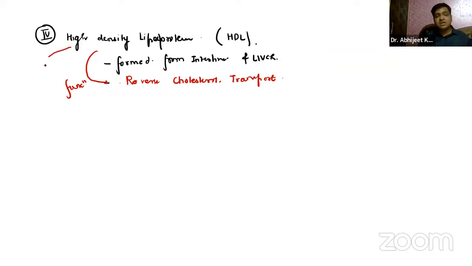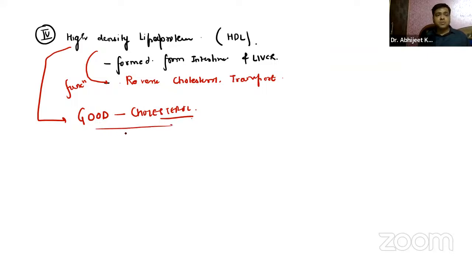So that's why this HDL is also called the good cholesterol, or they will simply ask you for the good one. Now remember, guys, why is it the good cholesterol?